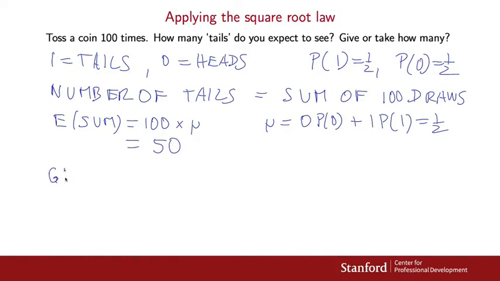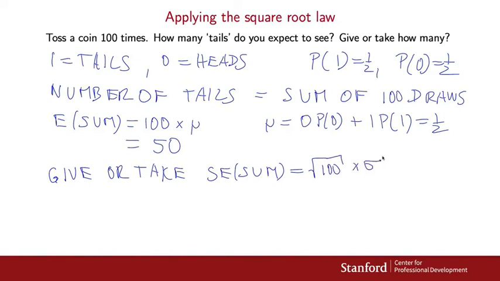Now the give or take number is the standard error. So we have to look at the standard error of the sum, and the formula says this is square root sample size times sigma. So we have to figure out what sigma is. The formula for sigma square is: take each outcome, subtract the mean, square it, times the probability, which is a half, and then we have to do that for the second outcome.